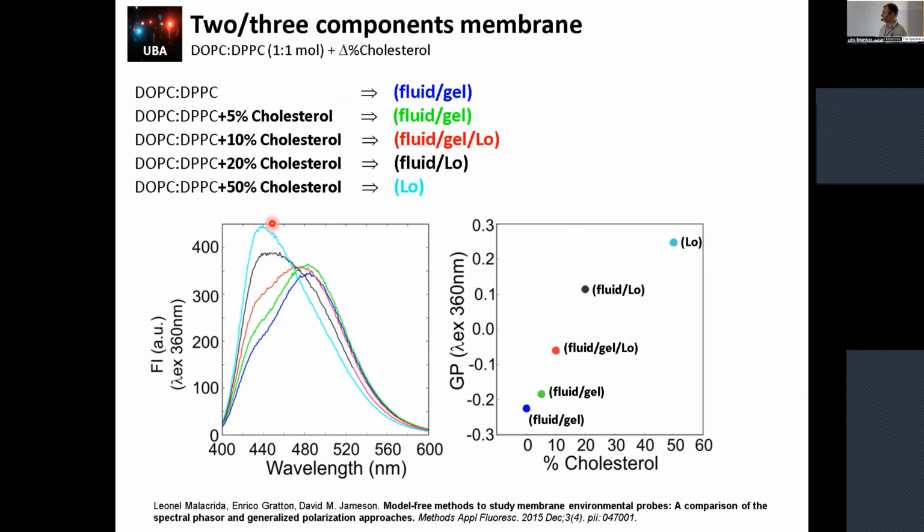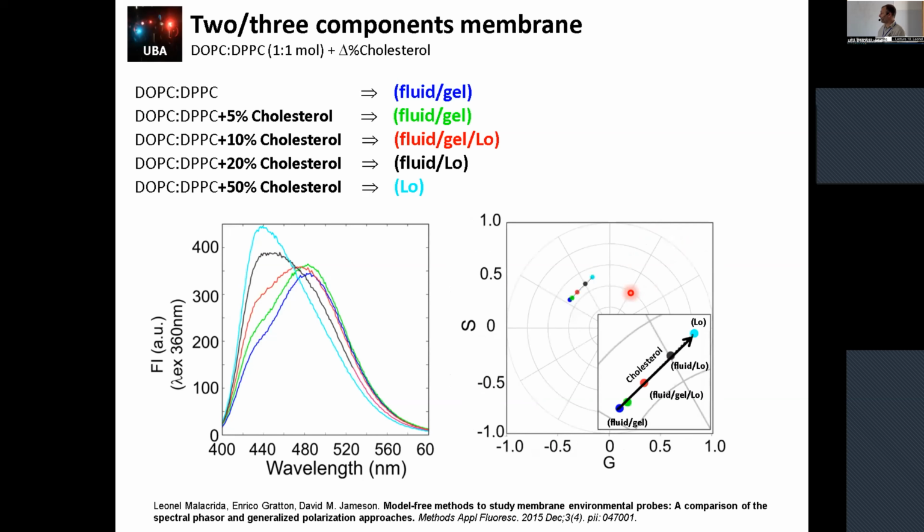If you capture the spectra and then transform it to the GP, you see that you get some kind of trend of increasing GP with the liquid ordered occurrence, so increasing cholesterol. Well, if you want to understand, perhaps you need to propose a model. And a model can be very complicated, and you need to have a physical explanation for the model.